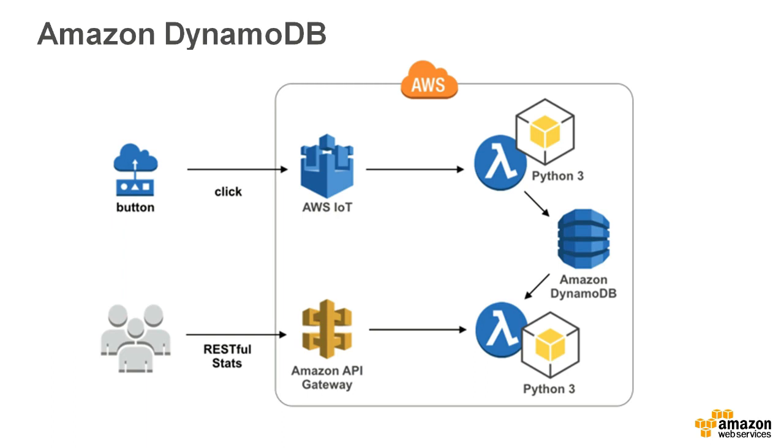Then AWS IoT, which integrates your IoT device hosted on the internet, triggers a Python script via AWS Lambda. The script uses certain content stored in your DynamoDB database, which can trigger another Python script or any other language script or simple functions via Amazon API Gateway, and your RESTful stats can be generated.